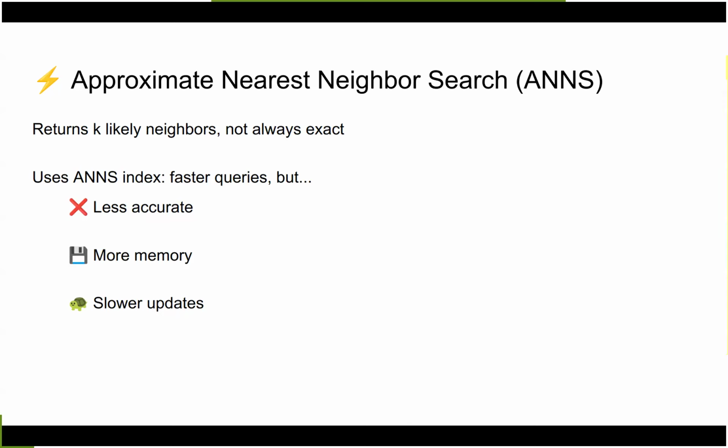But if you're creating an index to find the approximate nearest neighbor, then it's not trivial to update the index. So for approximate nearest neighbor, you always need an index, basically. Is there any question until now?